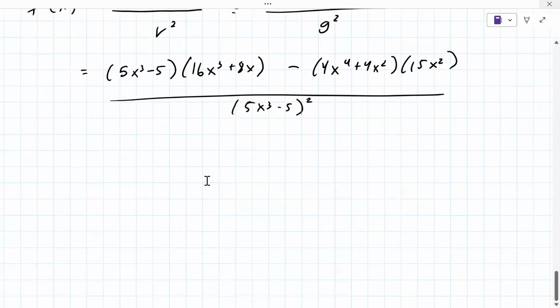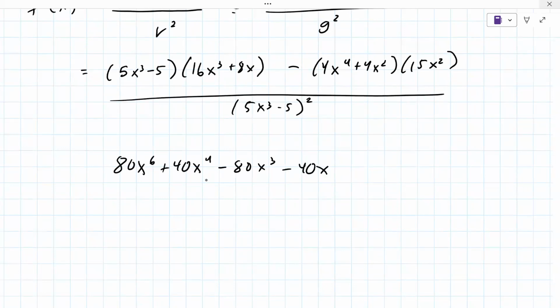Okay, so this becomes 80x to the sixth plus 40x to the fourth minus 80x cubed minus 40x. And then this negative distributes into both of these, so it's minus 60x to the sixth minus 60x to the fourth.